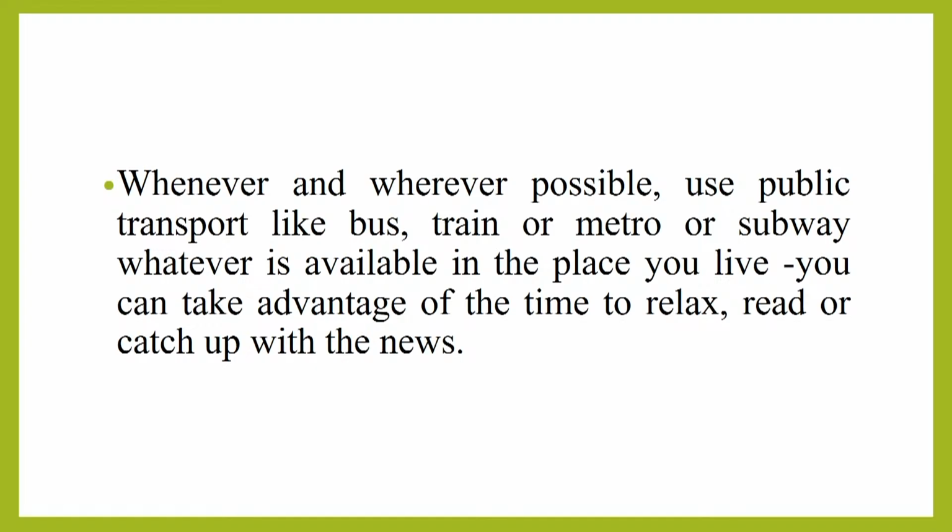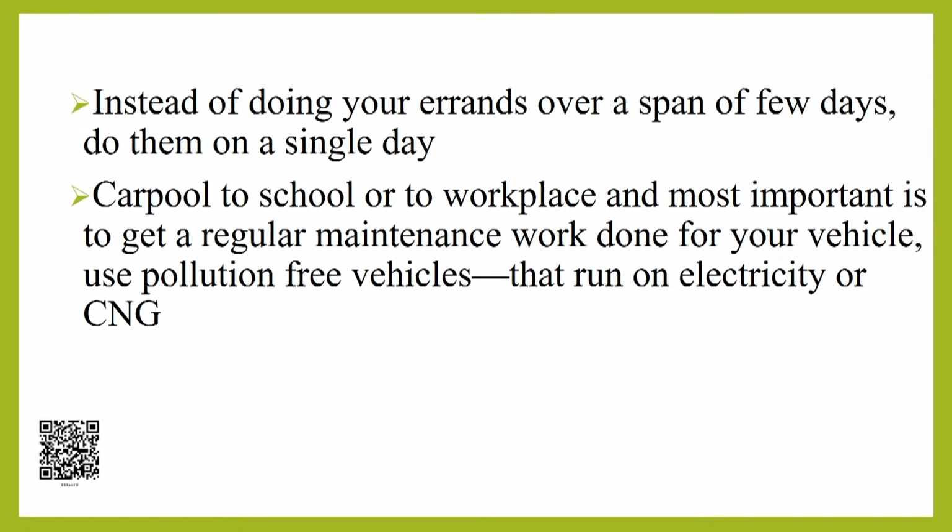You can take advantage of the time to relax, read or catch up with the news. Instead of doing your errands over a span of a few days, do them in a single day. Carpool to school or to the workplace, and most important is to get regular maintenance done for your vehicle. Use pollution free vehicles that run on electricity or CNG.